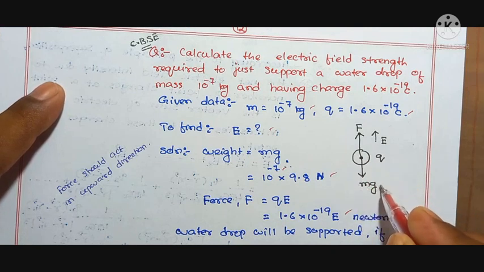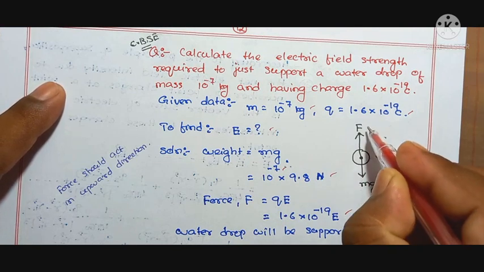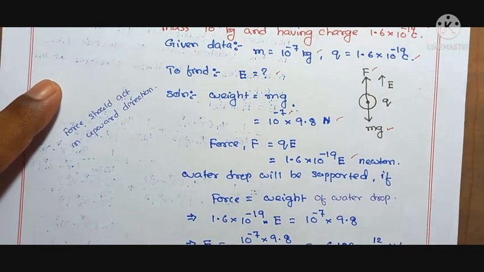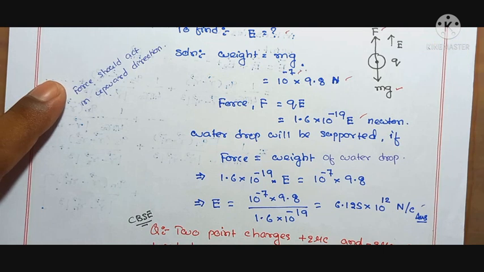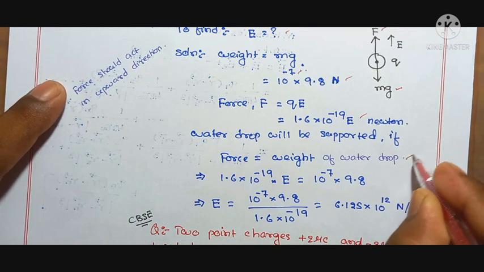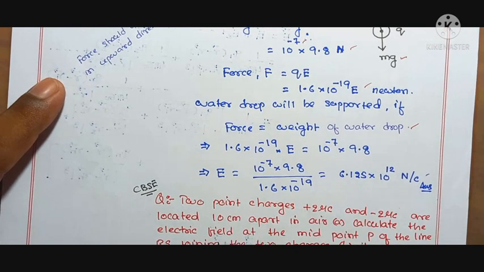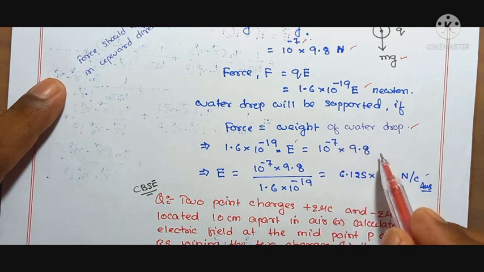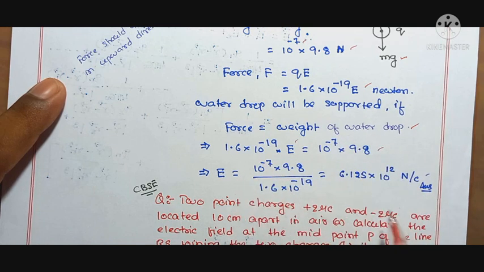This weight is vertically downward, so this force should be in upward direction. So water drop will be supported if the force is equal to weight of the water drop. So force value is this much, weight of the water drop value is this much. After solving we'll get 6.125 into 10⁻12 Newton per coulomb.